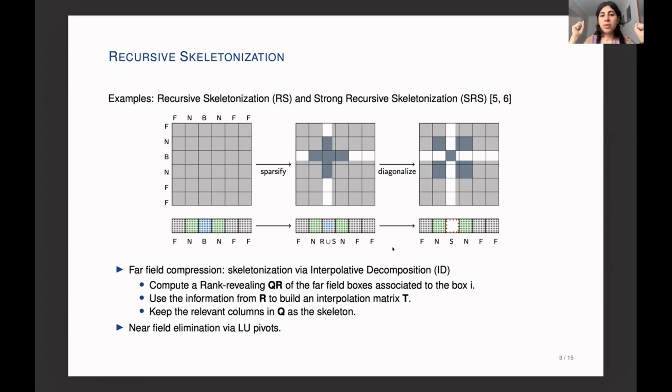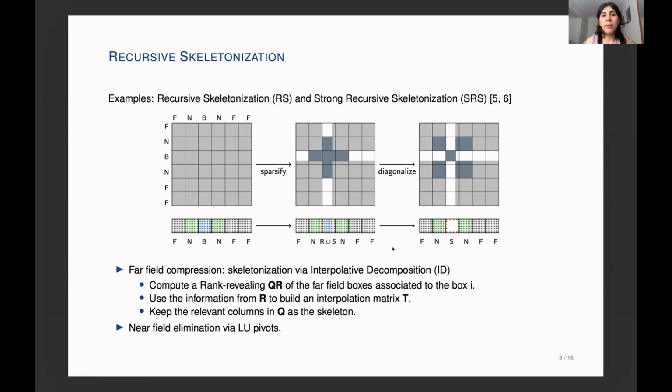And therefore, you not only find a sparse representation of your matrix, you are also finding a sparse representation of the inverse of your matrix, which is very convenient because if you can find an approximate inverse to your matrix, then you can also find a preconditioner for your dense matrix.